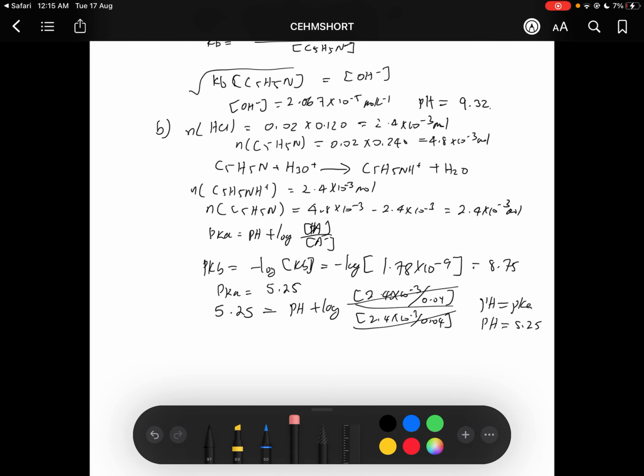And that is going to be equal to hydronium squared. So hydronium comes out to be 6.71 times 10 to the power of negative 4 mole per liter.